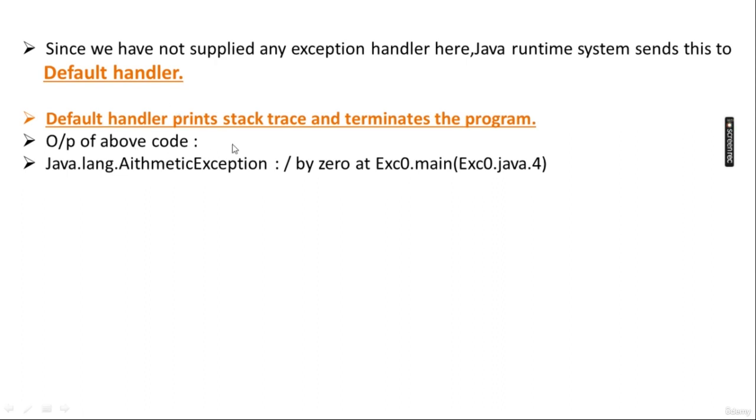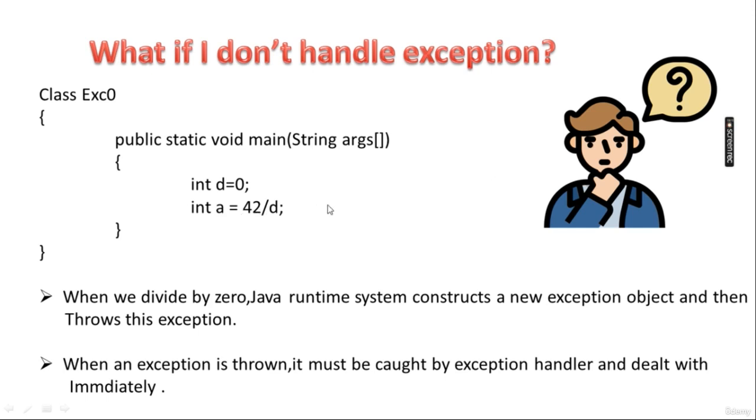The default handler prints the stack trace, in short it does a system.out.println, and terminates the program. So the output of the above code will be java.lang.ArithmeticException: divide by 0 at Exception0.main, Exception0.java, 4. This line number 4 has the error.